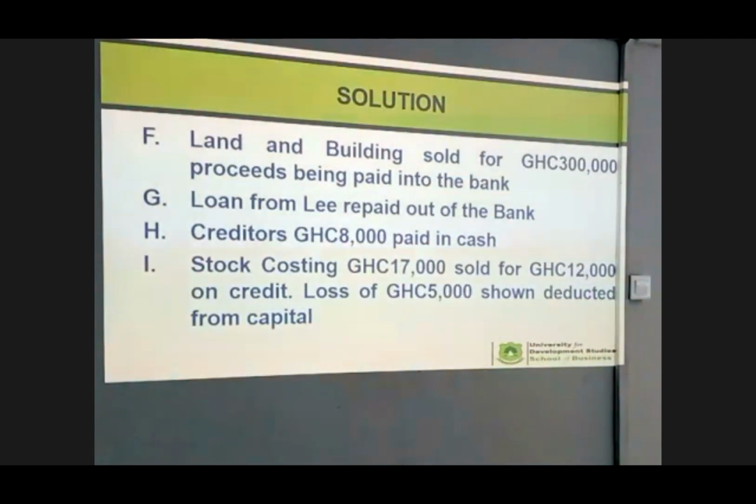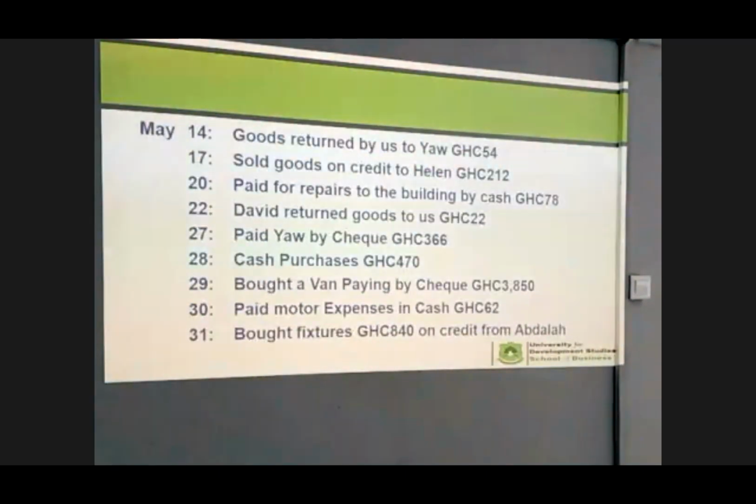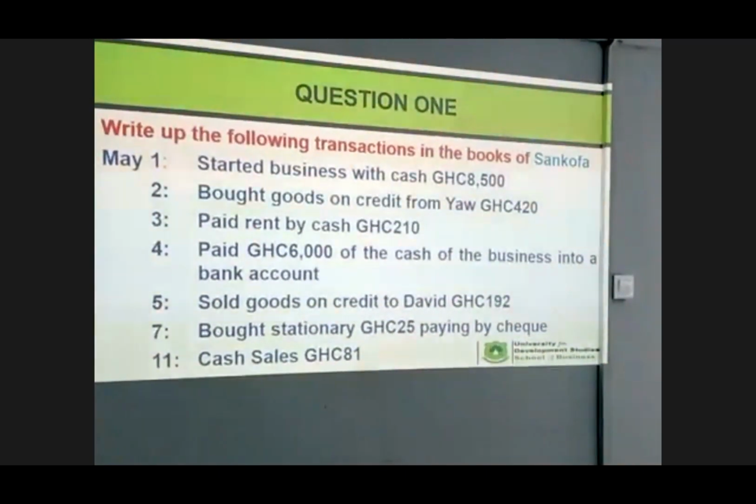Any question? Any question? So in the exams, what should we be looking out for? Something like this or something like this? You like this one, eh? You don't want to be an accountant, eh?